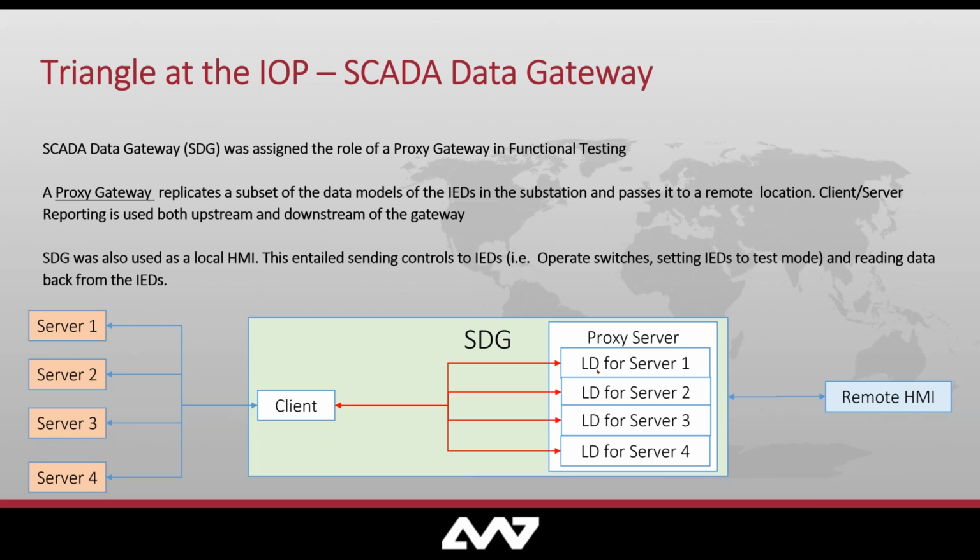I might have more nested logical devices inside. That's not really critical. What is important is at the lowest level, the data attributes contained within data objects, contained within logical nodes, all of that as it exists on the IEDs over here on the far left side is replicated in this proxy server and then served up via reports to a remote HMI, SCADA center, maintenance center, some offsite facility, typically offsite, and that's why you would use a gateway.